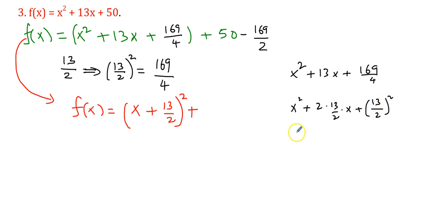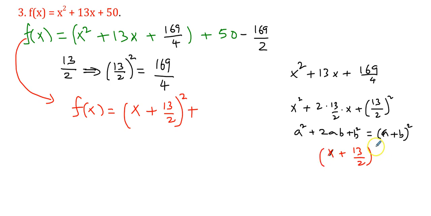This thing is of the form a square plus 2ab plus b square to give me a plus b whole square. Right? That is, a is your x, and b is 13 over 2. That's what you have here.